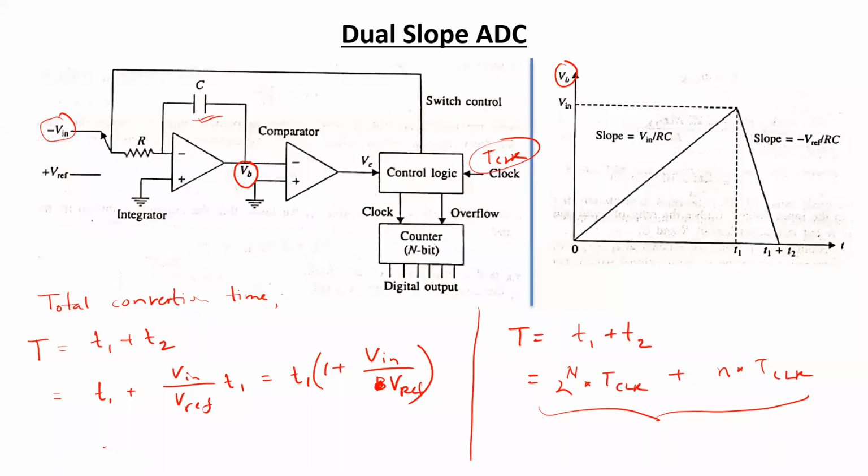So when the capacitor is getting charged, the voltage across it is getting stored across the capacitor. Now, when the switch is changing its position from V in to V reference, you are not clearing the voltage or discharging the capacitor, right?